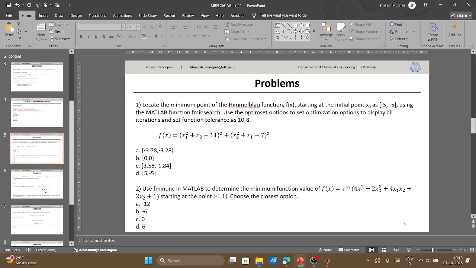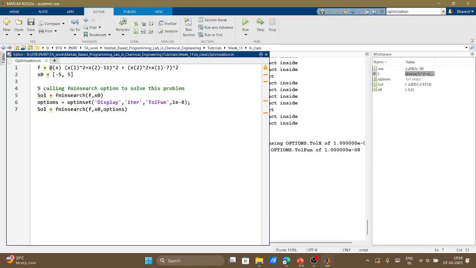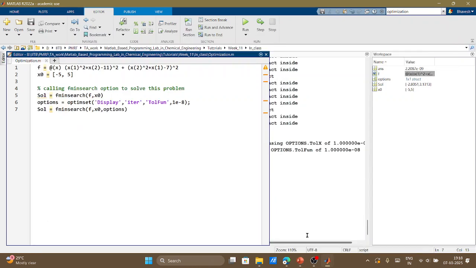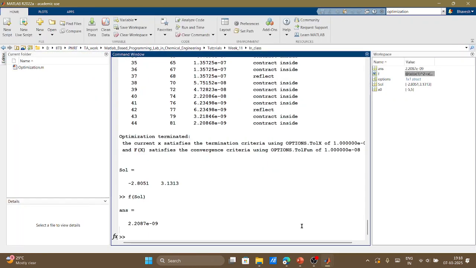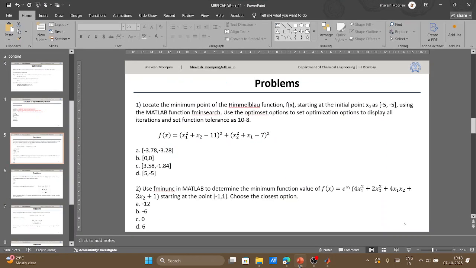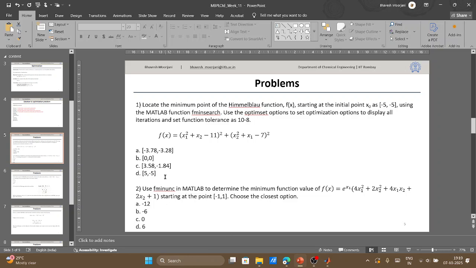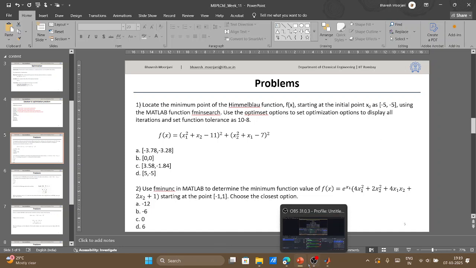X1 square plus x2 minus 11 square, x2 square plus x1 minus 7 whole square, minus 5. Oh, I don't remember this option part here, but this is I think correct part. Minus, oh, both are minus 5.